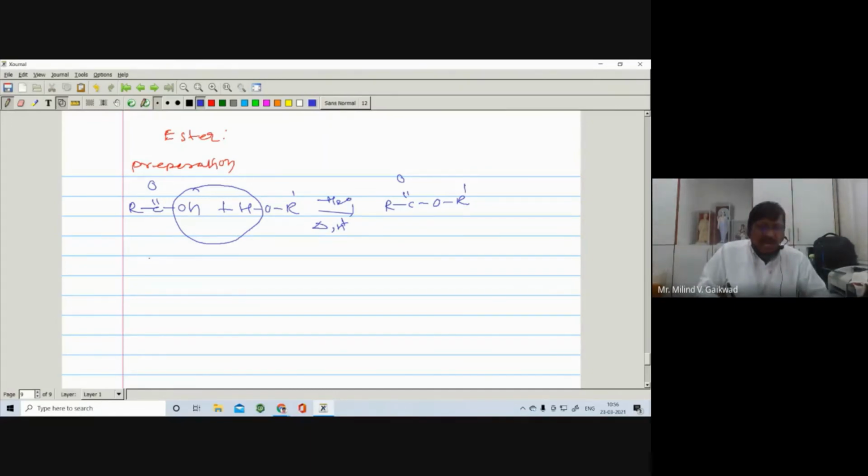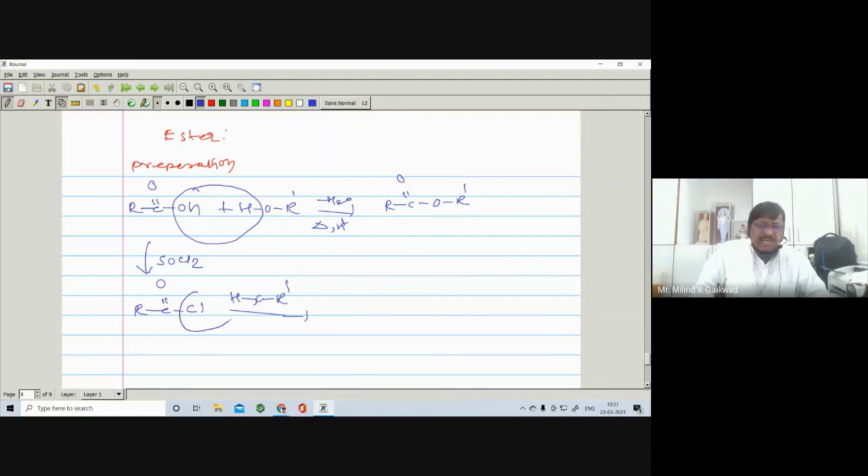Second, when it reacts with SOCl2, thionyl chloride, there is a formation of the corresponding acid halide, right? And this acyl halide, when you treat it further with a molecule of alcohol, Cl from this, H from this, there is a removal of HCl, and there is a formation of the corresponding ester.